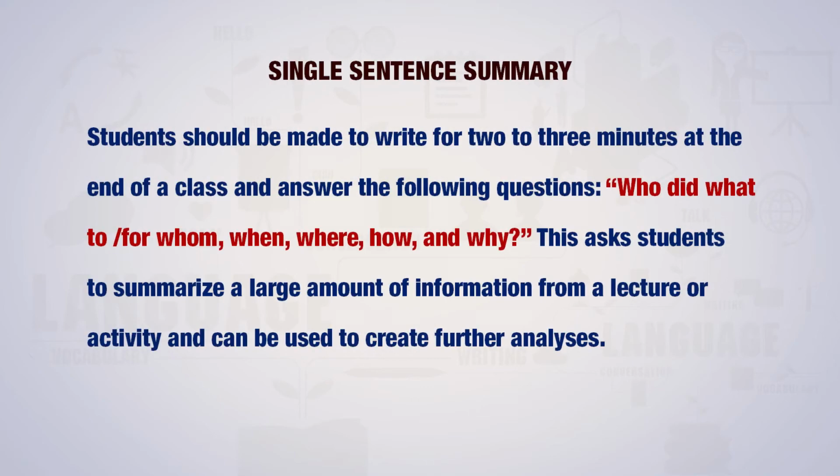A single sentence summary can be done when a student is made to write for about 2 or 3 minutes at the end of a class and answer a question which may be, who did what to whom, when, where, how and why in the text. This asks the students to summarize a large amount of information from a lecture or activity, and this can be used to create further analysis.